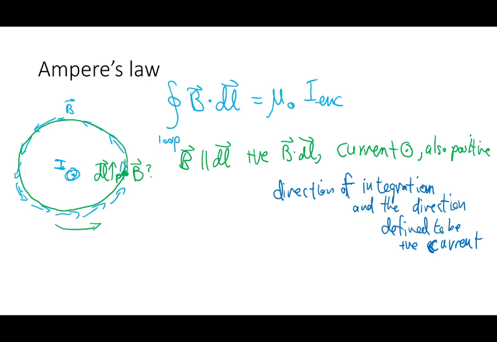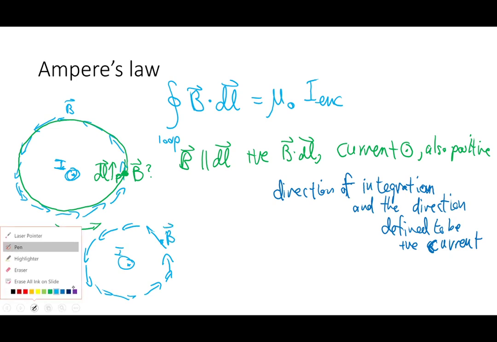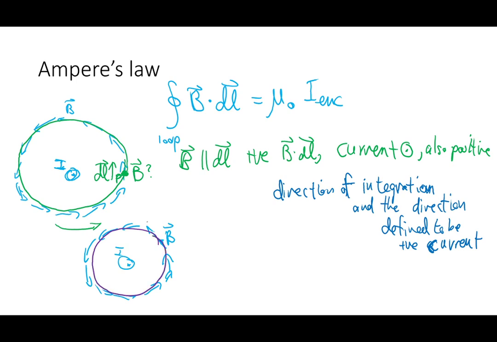So for instance, if we take this same situation, right? And then the magnetic field again, due to the right-hand rule, goes like that. It is completely our choice to, instead of doing the integral counterclockwise, take the integral clockwise, in which case your dl now points in that direction. Now B and dl are in opposite directions.